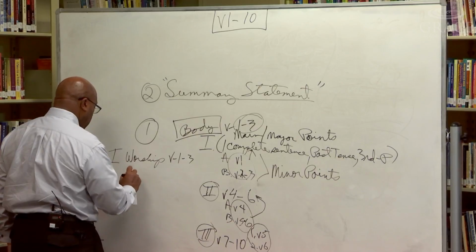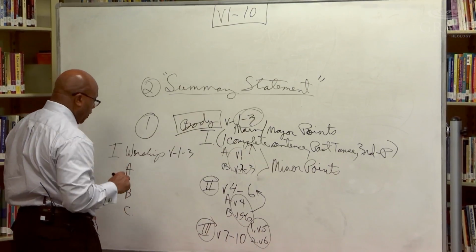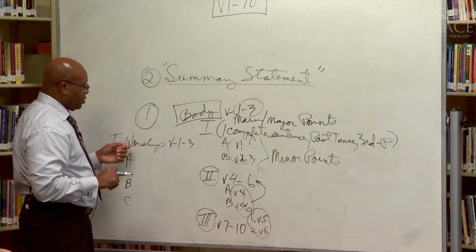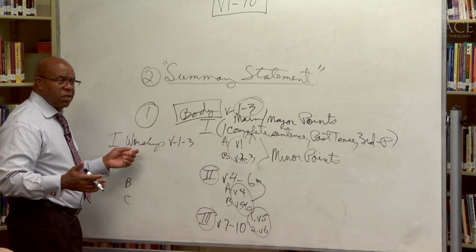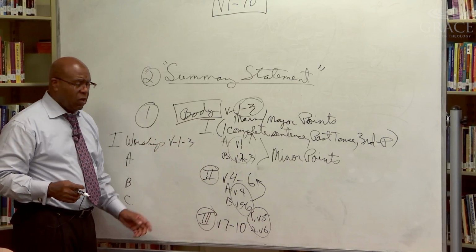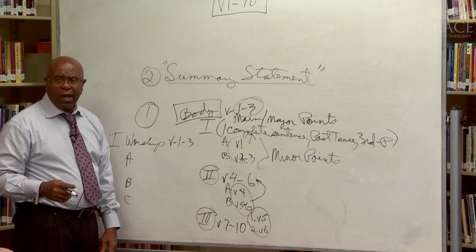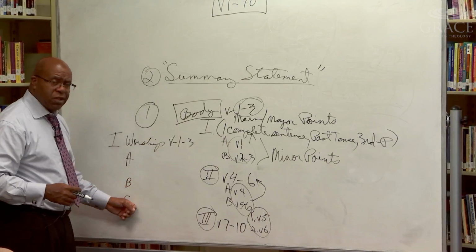And let's just say we had an A, a B, and a C. And so I said something like, I'm looking at the passage and it says, Paul wrote about worship, okay? Or Paul wrote about worshiping God. And he talked about various types of worship.